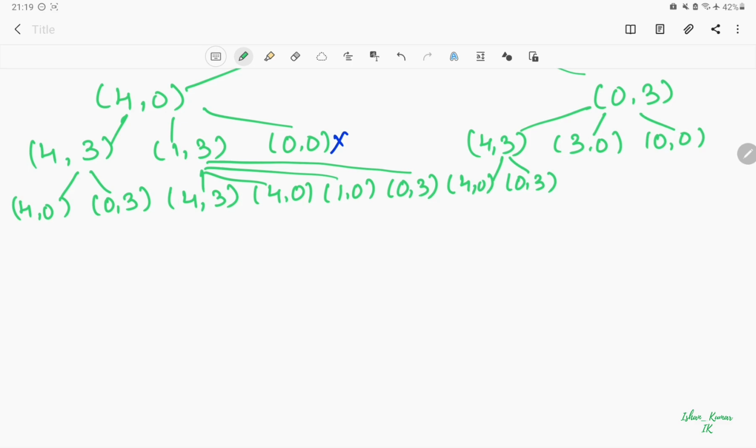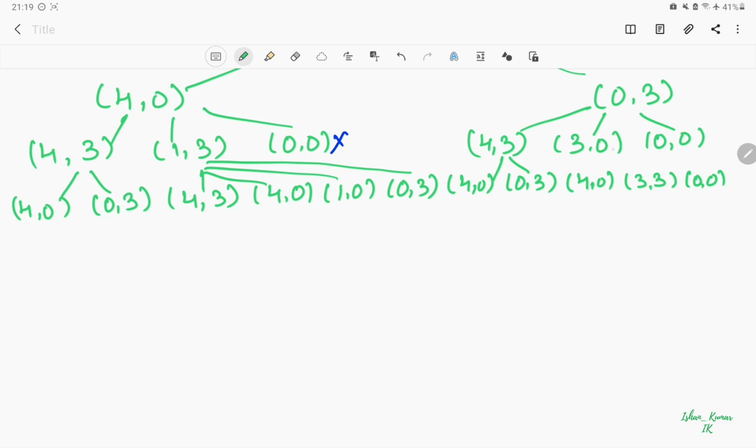From 3, 0, what can we have? Either I can fill the first one, 4, 0. I can fill the second one, 3, 3. I can empty it, 0, 0. If I fill it, 4, 0.